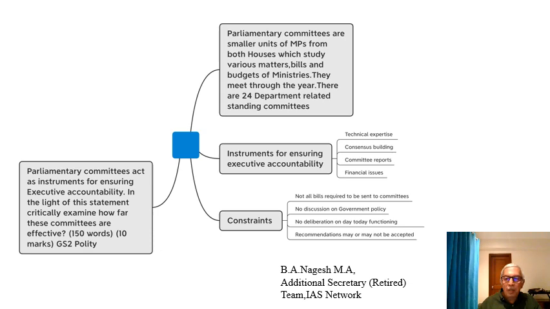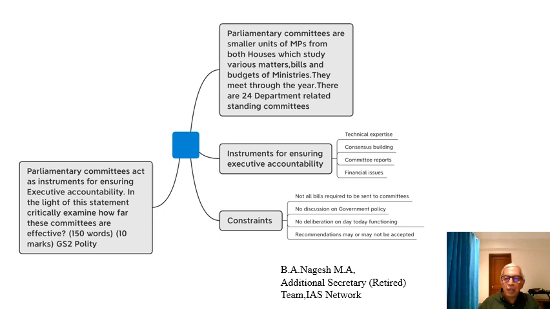Besides that, there are a lot of ad hoc committees constituted for a certain purpose. Now, when a bill is presented in either house, the Speaker in case of the Lok Sabha, the Chairman in case of the Rajya Sabha, will decide whether the bill should be sent to a parliamentary committee.